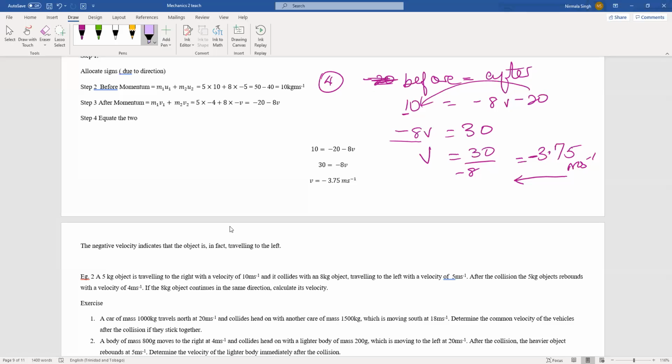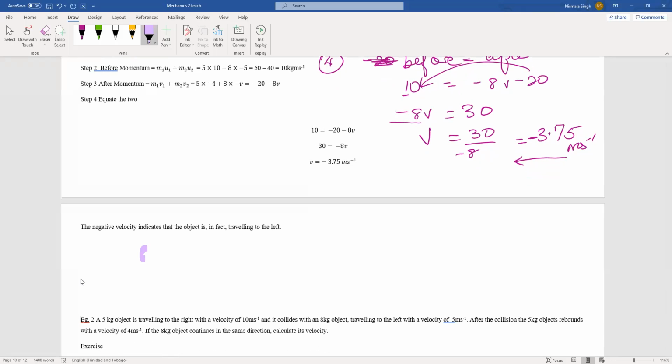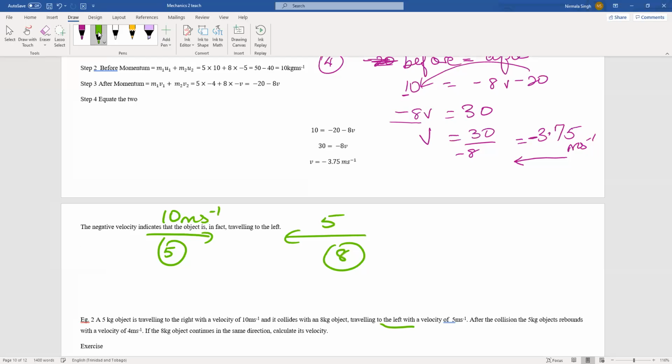For example 2, a 5 kilogram object is traveling to the right at 10 meters per second. It collides with an 8 kilogram object that was traveling to the left at 5 meters per second. So this is your before.